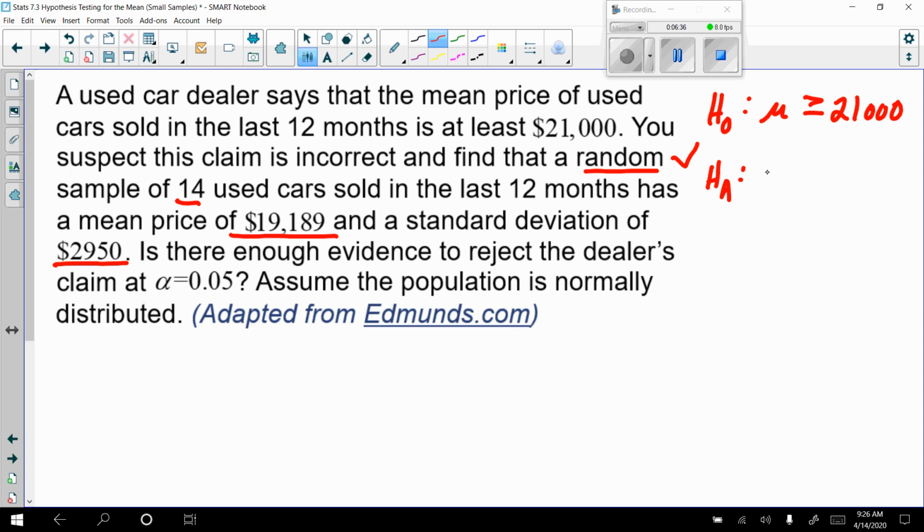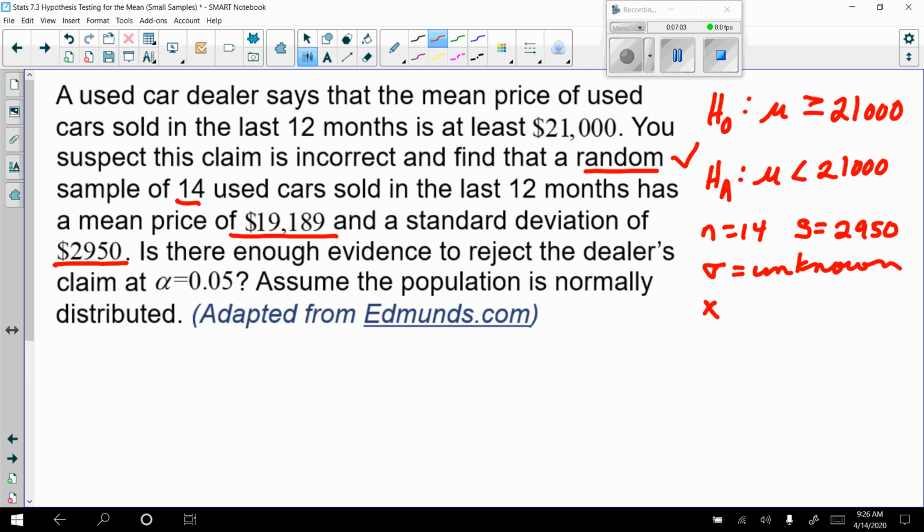That means the alternate would be that the mean price is less than $21,000. Our n is 14. Our sample standard deviation is 2950. We don't know sigma, our population standard deviation.